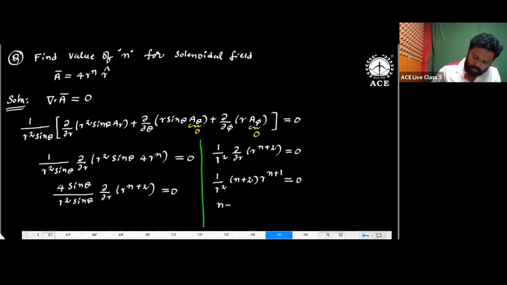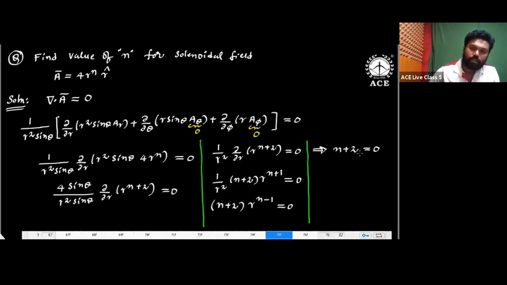Here (n plus 2) into r to the power of n plus 1 is equal to 0. This happens only when n plus 2 is equal to 0, so n is equal to minus 2, beta. N is equal to minus 2 is the answer, beta.